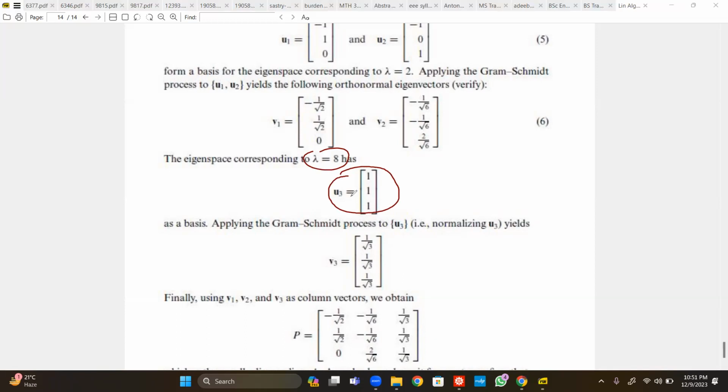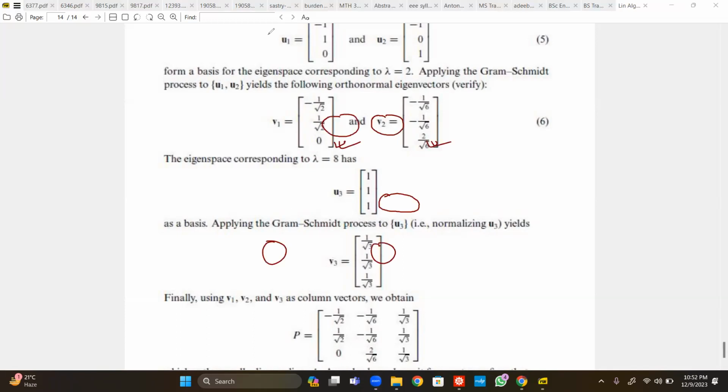Applying the Gram-Schmidt process to it means nothing. It just means V3 equals U3. The only difference between U3 and V3 here is that they already applied the normalization process also after applying Gram-Schmidt, but they denoted it by V3 but not Q3, but I think you should be able to understand.